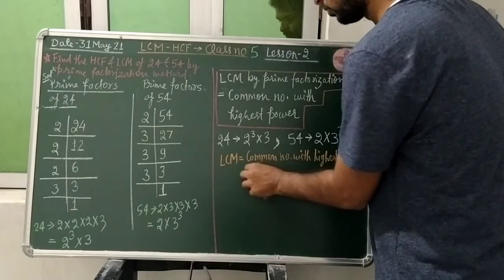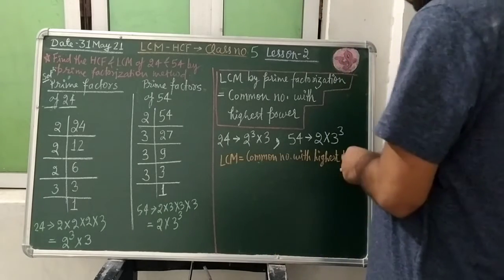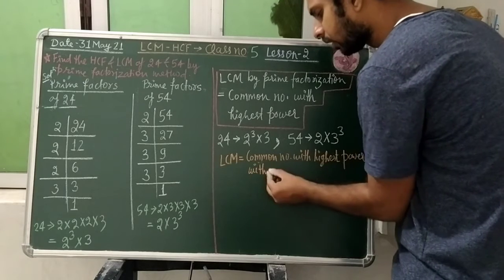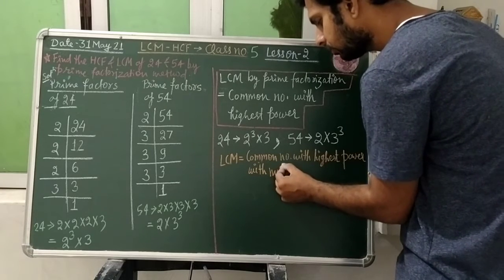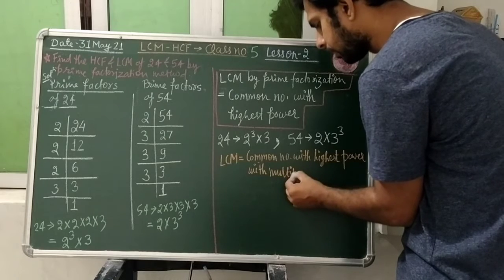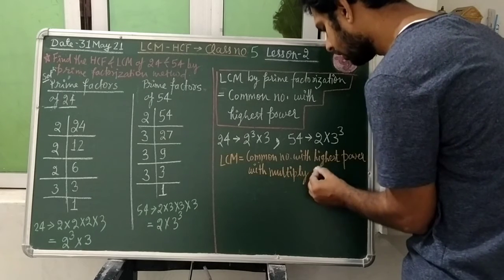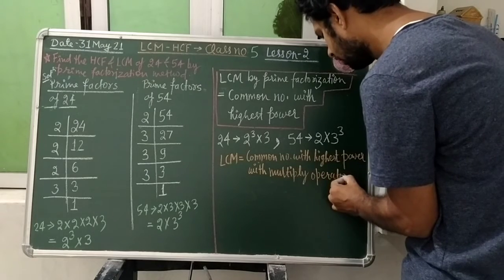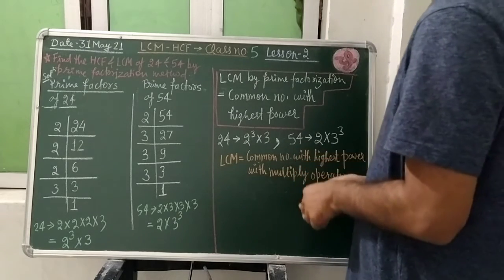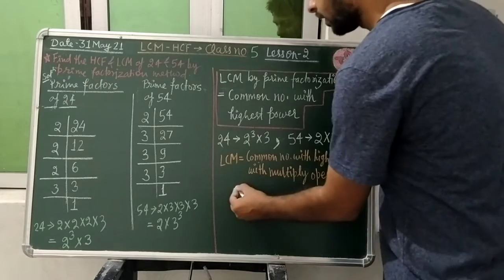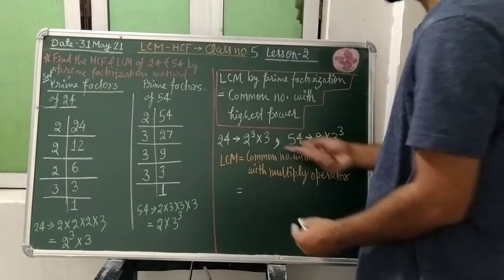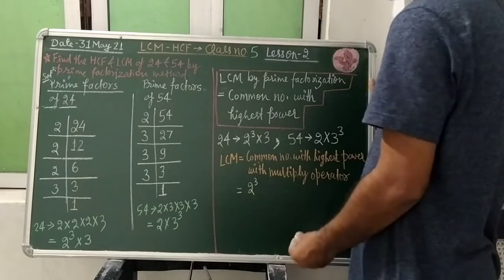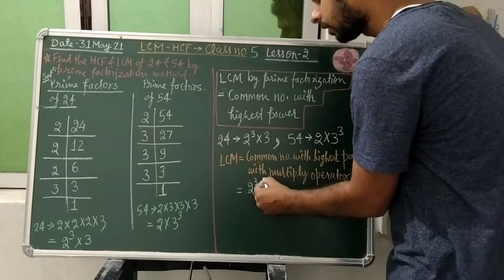So I tell you this for understanding: highest power with the multiply operator. So you will use the multiply operator. We have seen that 2 is common and the highest power is 3, so 2 to the power 3. Thereafter, which operator will you use?